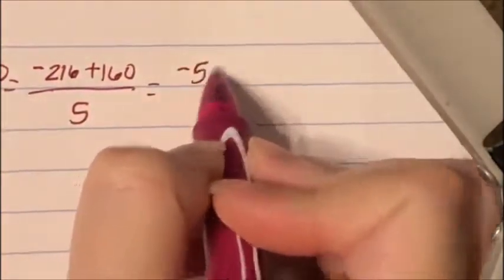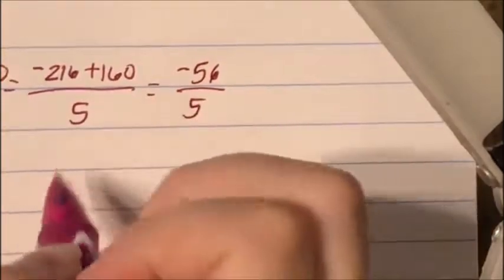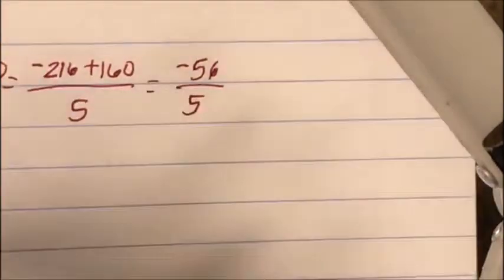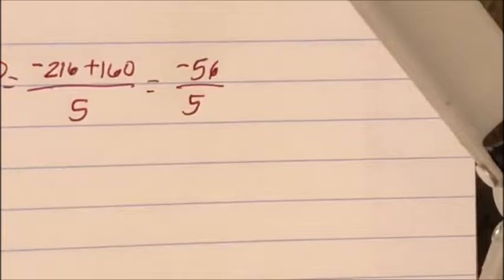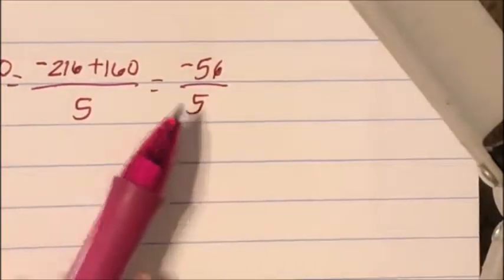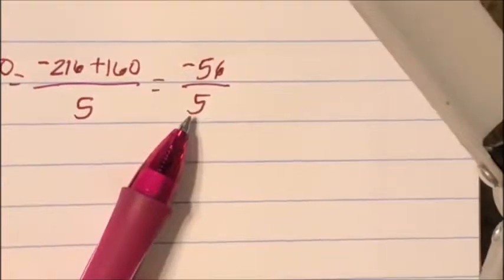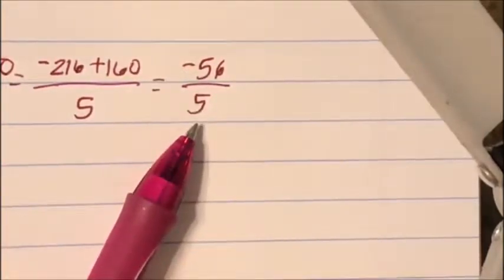So this equals negative 56 divided by 5. I'm going to get a negative number, right? Because negative 56 divided by 5, I have one negative and one positive, so they're different signs. So when I divide, I'm going to get a negative number.